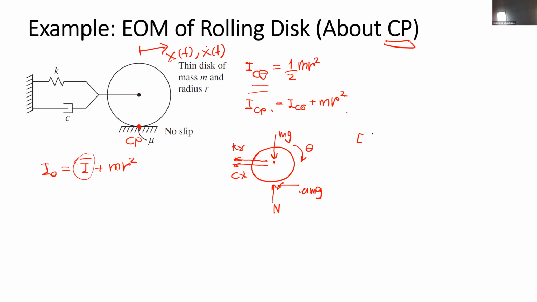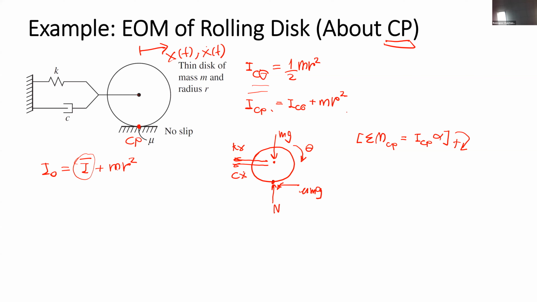If we do summation of moment about the contact point instead of the CG, it will equal the moment of inertia about the contact point multiplied by the angular acceleration, and assume it's positive in the clockwise direction. The summation of moment about this point now is different from the previous derivation.